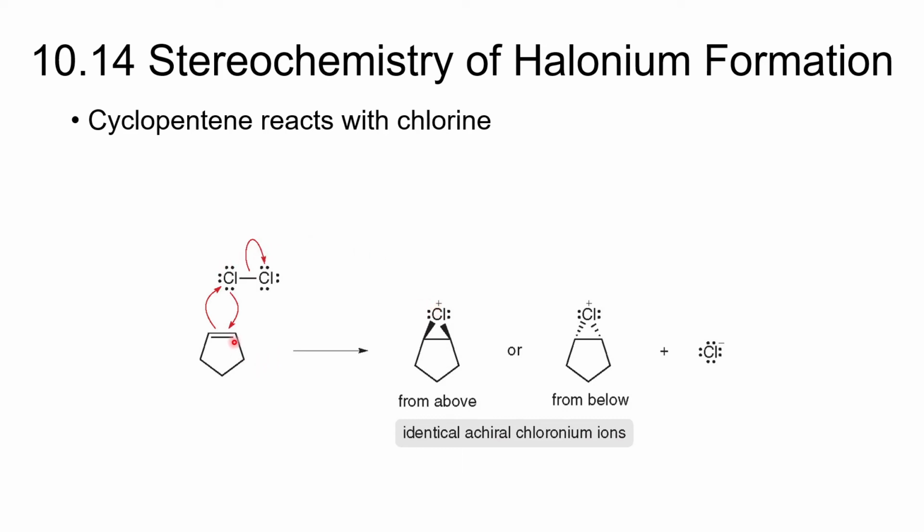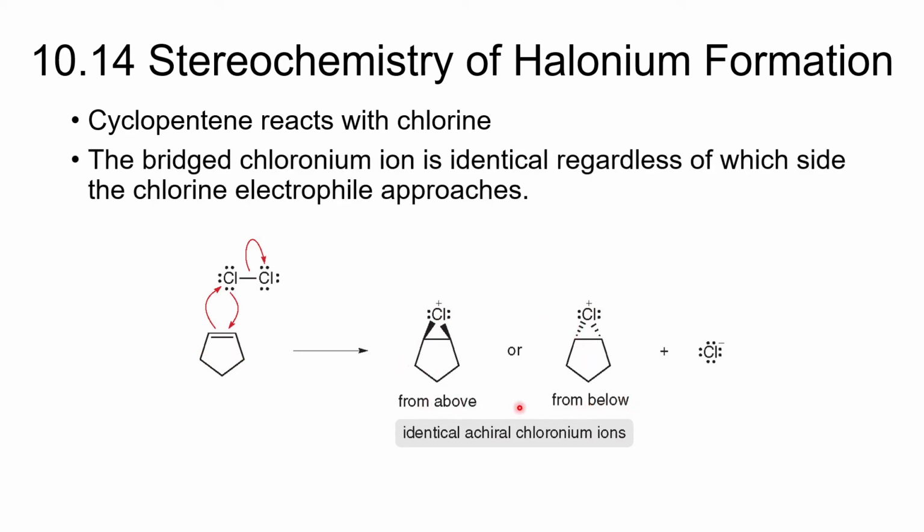If the chlorine comes from this side of the molecule, in other words, from above, if you imagine that this molecule is in the plane of your screen, you will get this. If it comes from below, you will get this. Well, these are identical achiral chloronium ions.